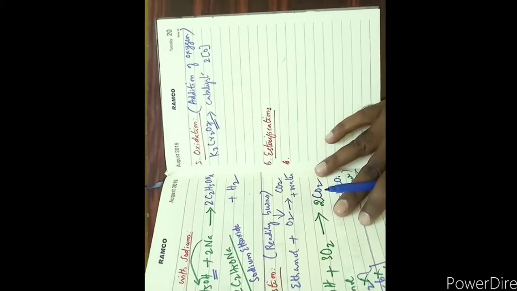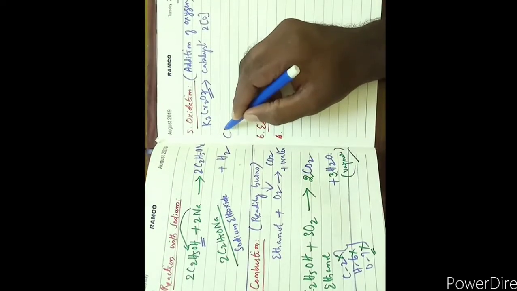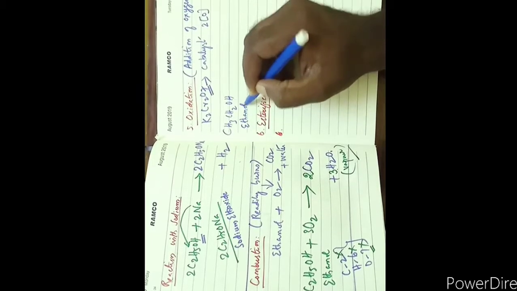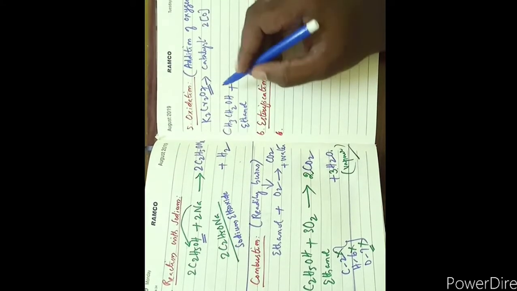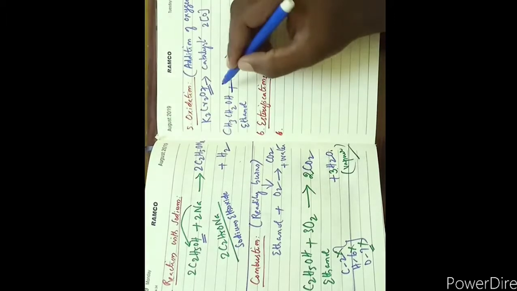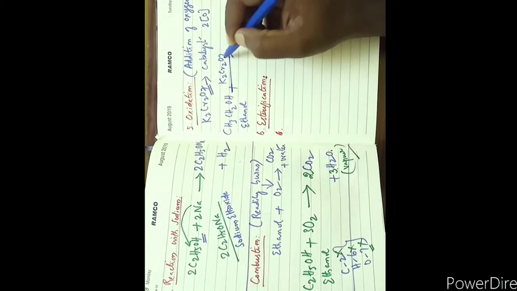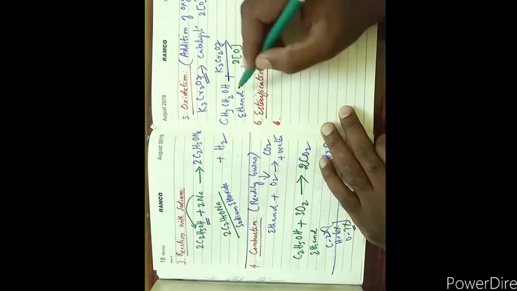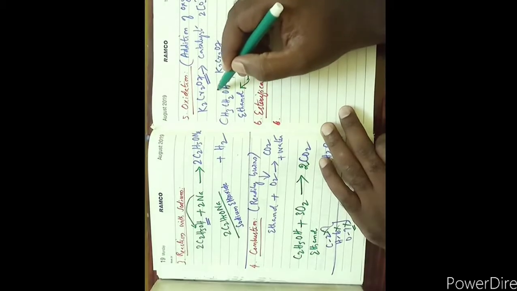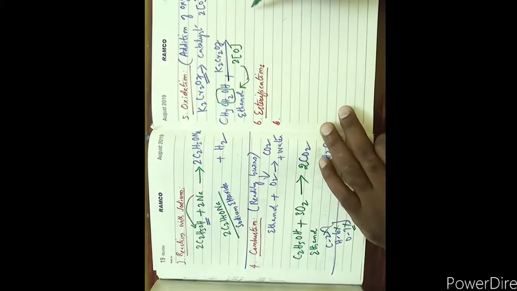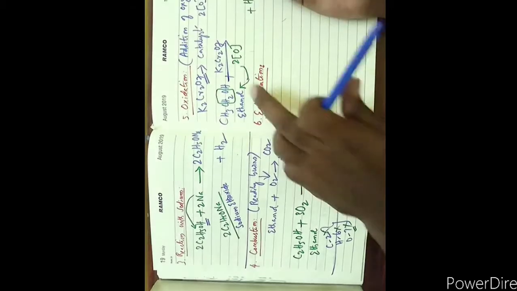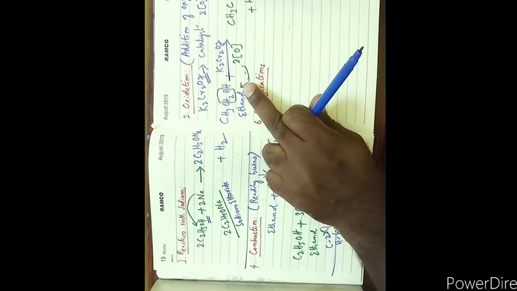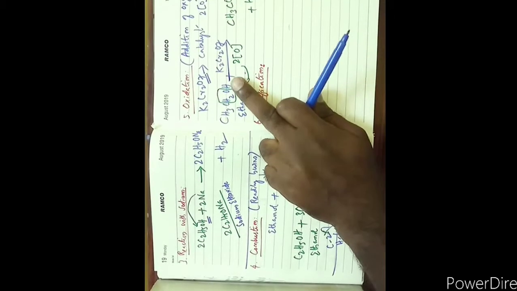How? Let me explain. Once again, I am saying here CH3CH2OH. What is this? Ethanol. When it is reacted with potassium dichromate, out of this, 2 moles of oxygen will be readily combined with whom? With ethanol. Where? See, this water molecule will be removed. In place of the water molecule, 2 oxygen will be combined. See, CH3C, this 2 oxygen will be combined here, OO and H is already existing.